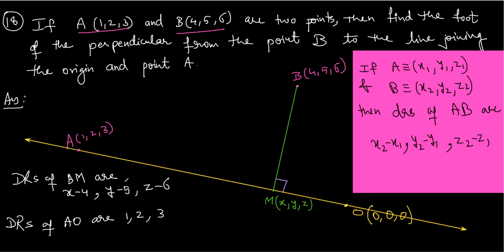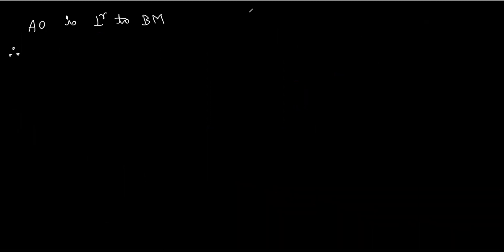Therefore, what you can write, students, if you have two lines which are perpendicular to each other, then the sum of products of corresponding DRs will be 0. This we have done earlier. If you want, I will once again write it.